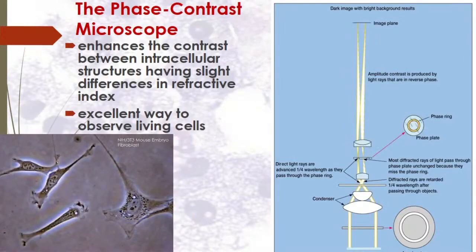Okay, phase contrast microscopy enhances the contrast between intracellular structures having slight differences in refractive index, the index of refraction of the light, and of course, it is an excellent way to observe living cells also. Look, what is this? It is the result of diffraction, where rays are retarded by one quarter wavelength after passing through the object.